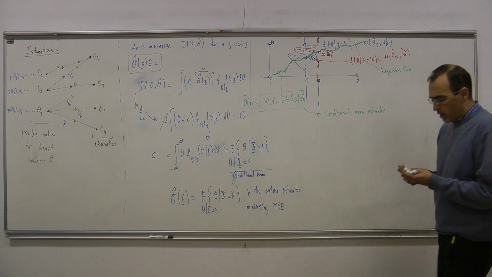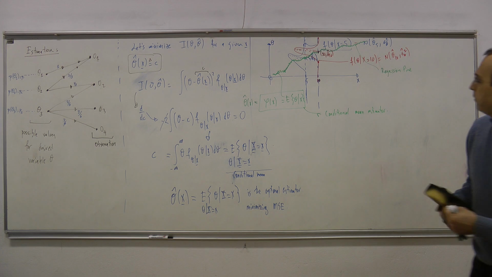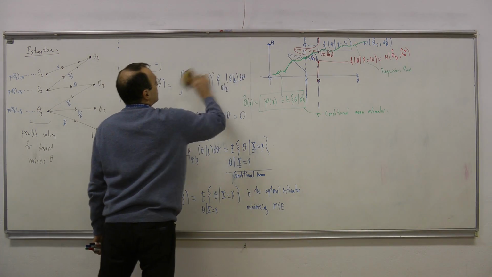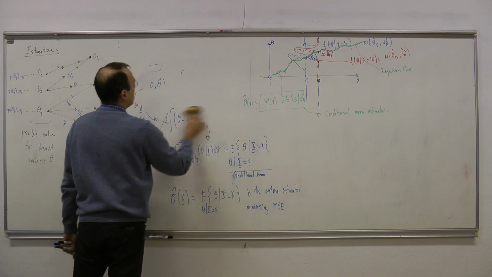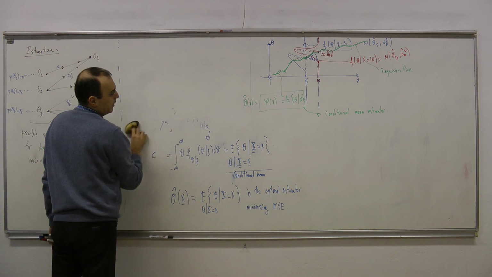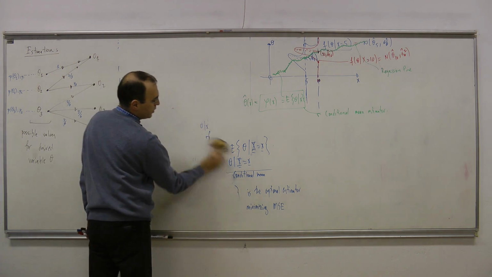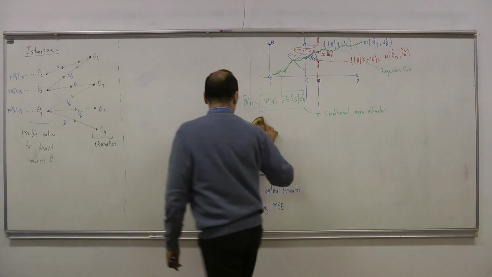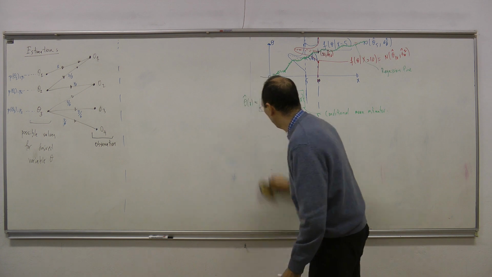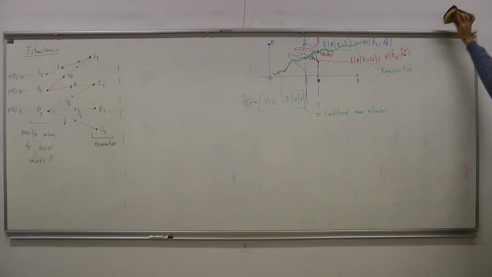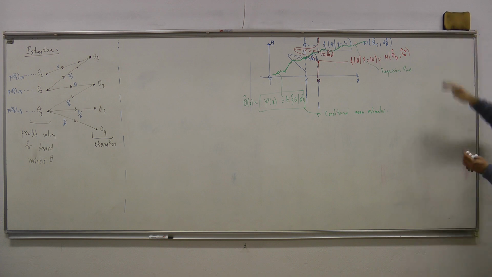Now I want to briefly discuss some properties of this estimator. This is very important actually, because as you see, this is the optimal estimator, minimizing MSE for this problem. So its optimality is not asymptotic, and there are no bias considerations and so on.